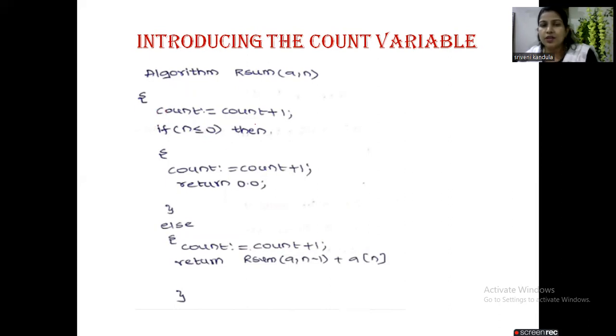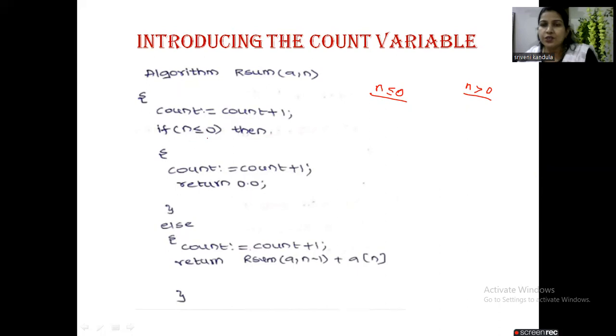Now let's see how many times this count variable gets incremented. This analysis we have to do in two cases. The first case is when your n value is less than or equal to 0. The other case is when the n value is greater than 0. When n is less than or equal to 0, what will happen?